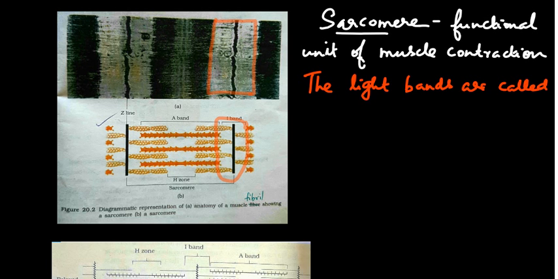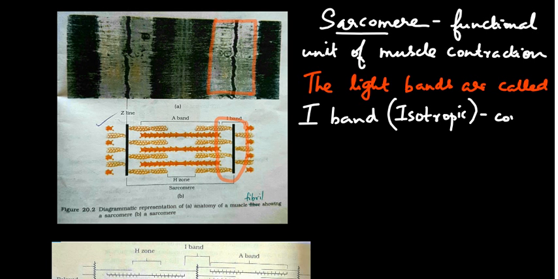The word I comes from isotropic band, and they contain actin filaments, actin proteins.